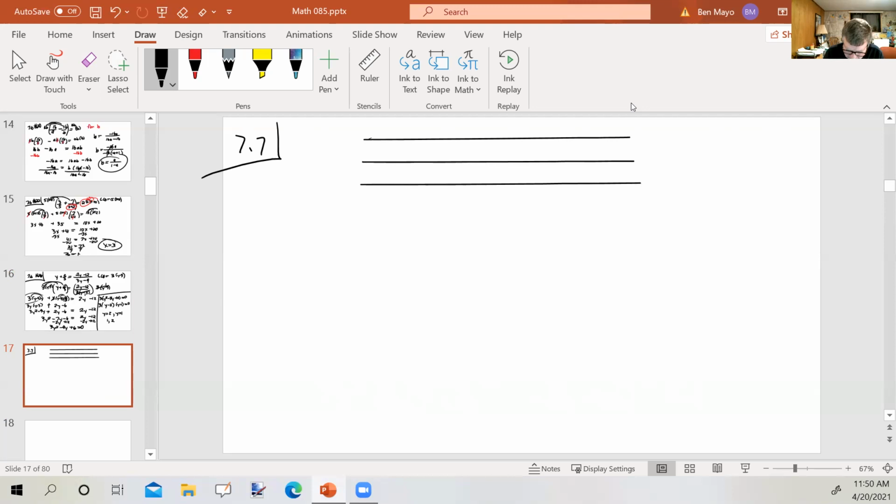I'm using a ruler in case you think I can draw that straight of a line. I can't. And then let's see.